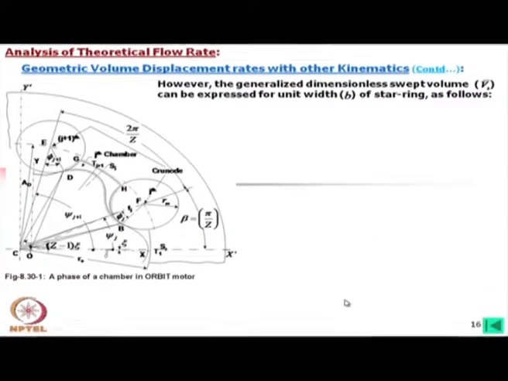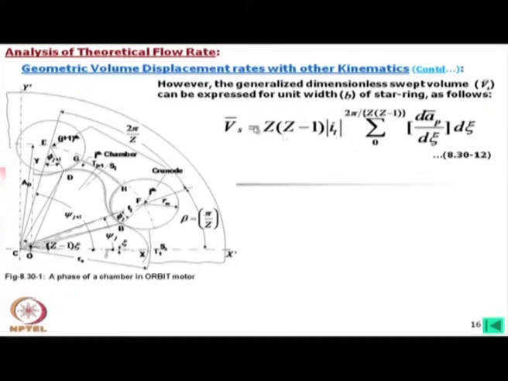However, the generalized dimensionless swept volume V s can be expressed for unit width, where the width is given by B of star ring, as follows. First we calculate this I t, which is 1 for the orbit motor, and then we multiply with this.